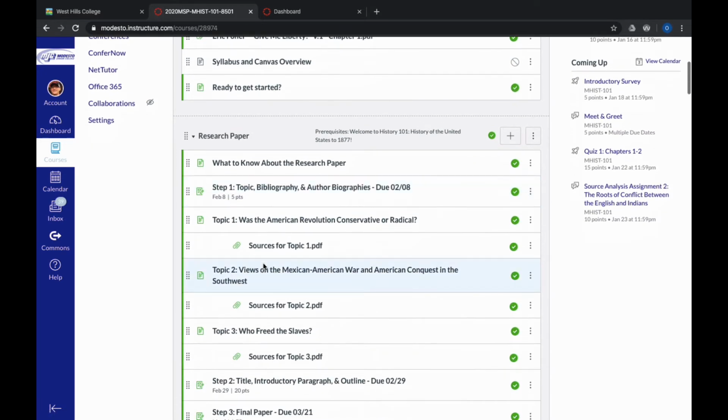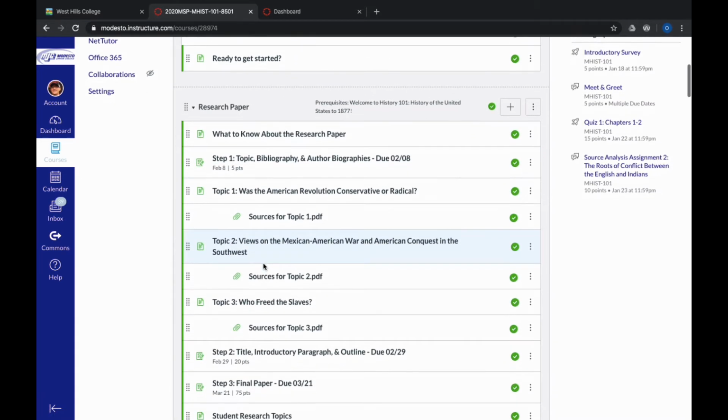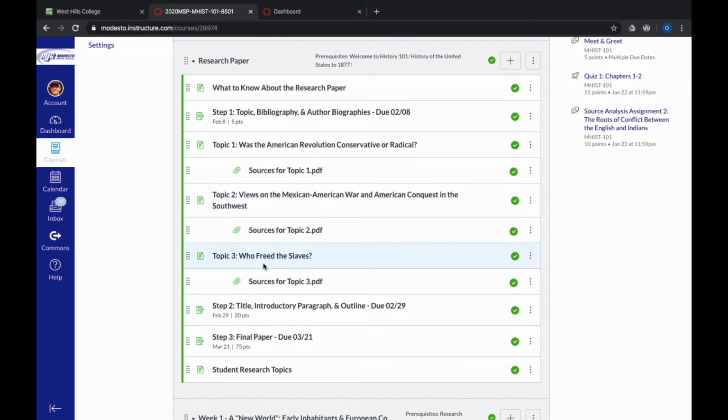Now, the first module you'll come into after the welcome module is this module about the research paper. And I highly encourage you to start looking at this module right out of the gates. I've scaffolded this assignment into 3 steps to allow you to work on it in stages so that it's not all of a sudden upon you with a due date and you haven't even started.